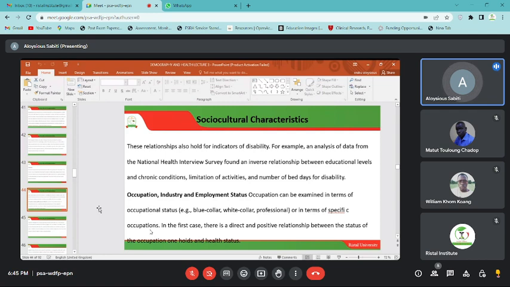For example, an analysis of data, which I will show you down here, found an inverse relationship between education levels and chronic conditions. So what happens is that because an individual is having limited number of activities, yes, you are highly educated, but you do not have enough physical activity.